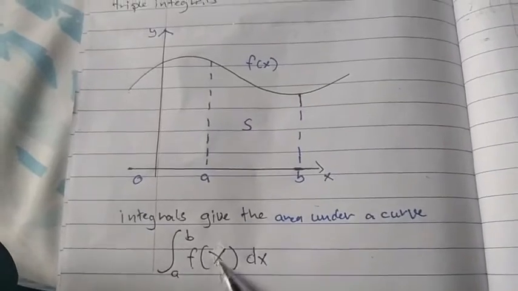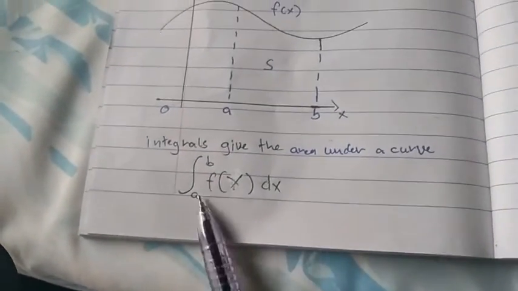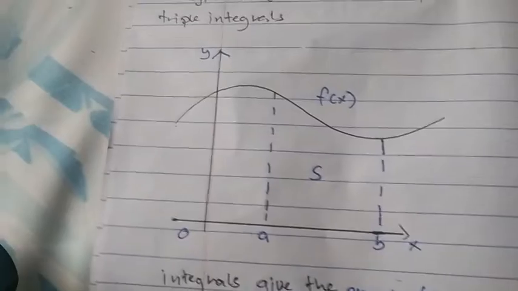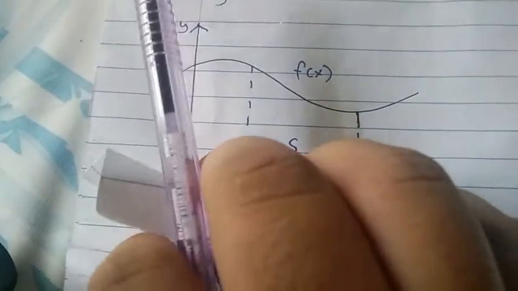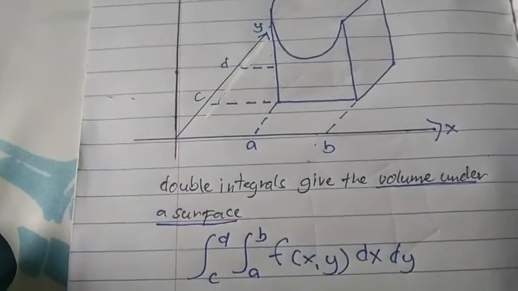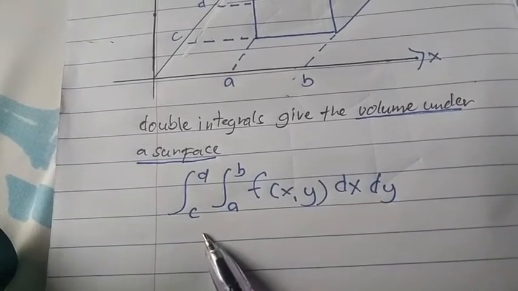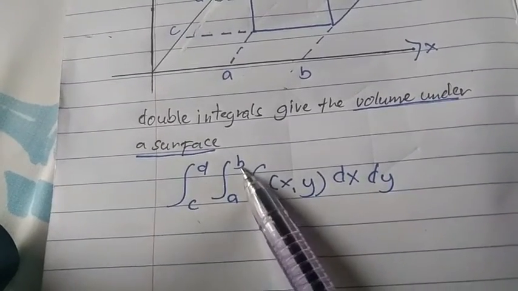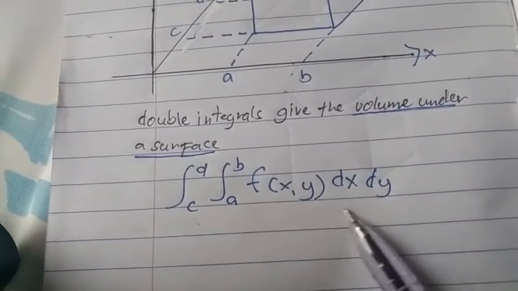In an integral, this will be the graph, right? Integrals give the area under a curve, and this is the formula for our integrals. But in our double and triple integrals, this will look like this. Sorry for my sketch, I got it from the internet. Double integrals give the volume under a surface, and the formula will be the integral of limits c to d, integral of limits a to b, f of x y dx dy.